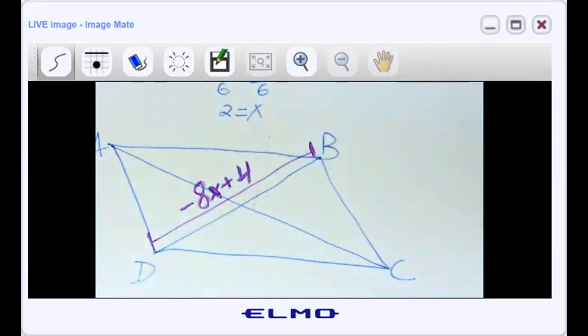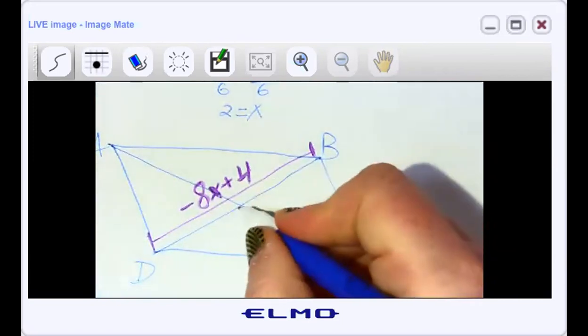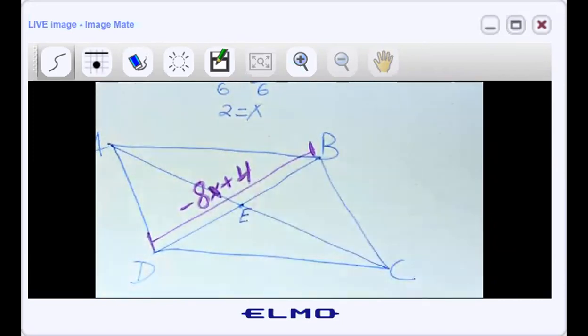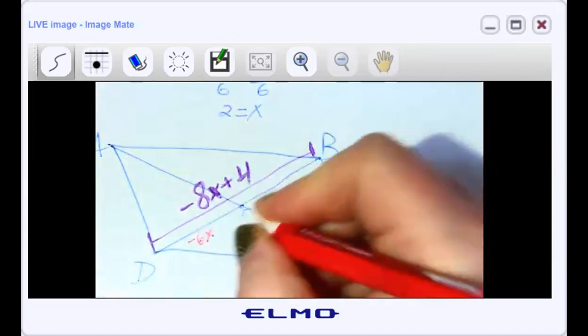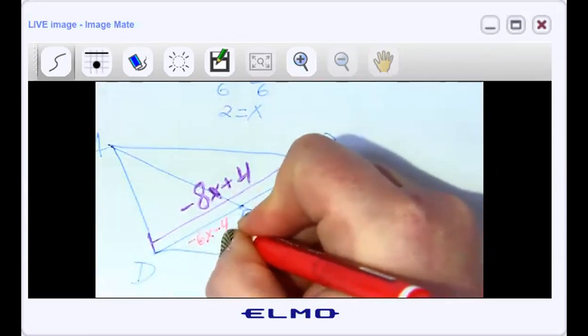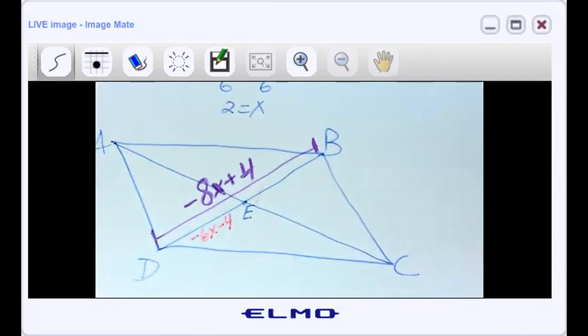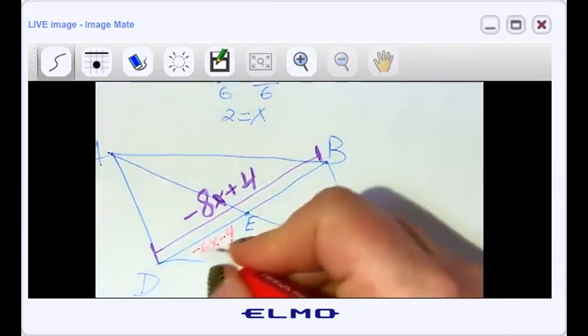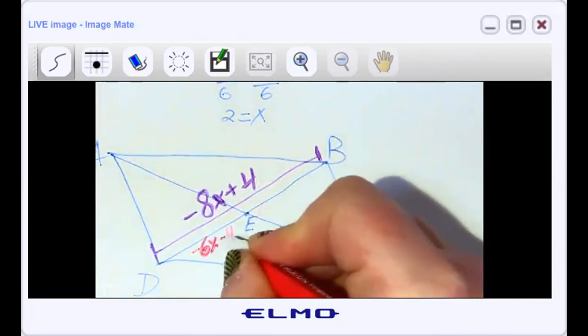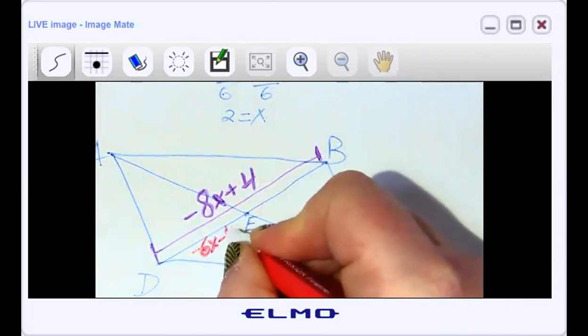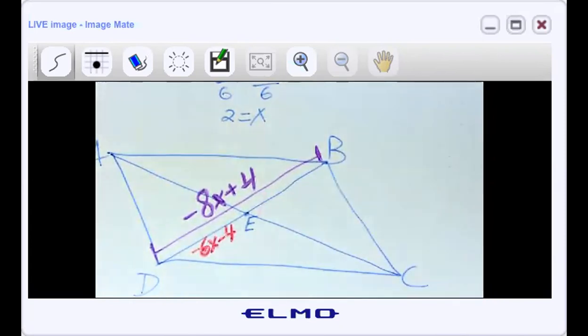And then I forgot to put, that's point E. ED, let's have that one as, I think I got this right, negative 6x minus 4. Let me make this a bit darker. All right, try that.